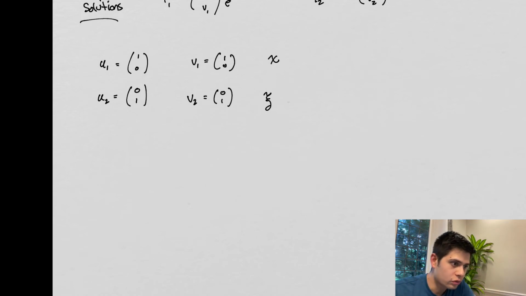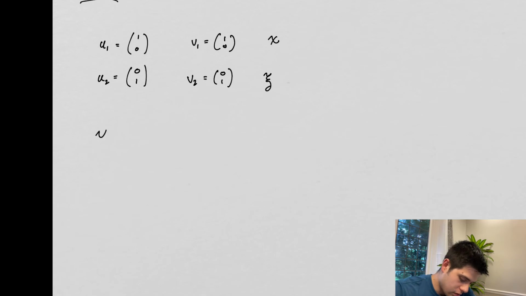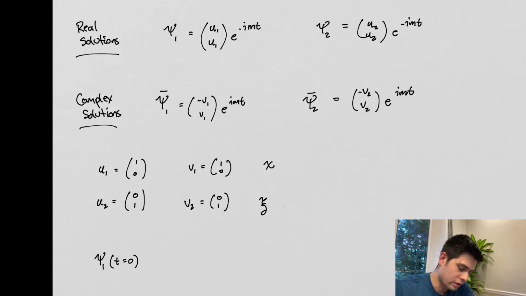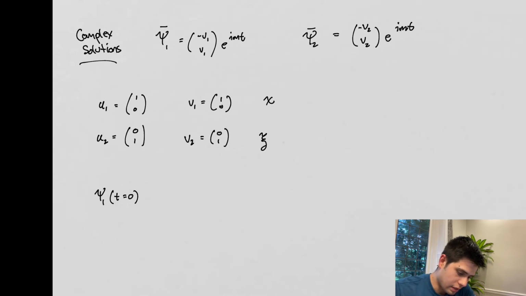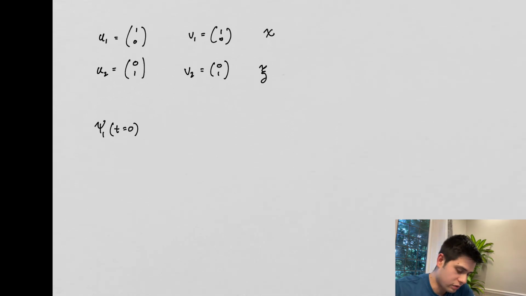So suppose now we had a solution that looked like this, and we're starting at time equals 0. I want to look at this right here, and I'm going to put it at time 0. So what's that? That's u1 e to the 0.